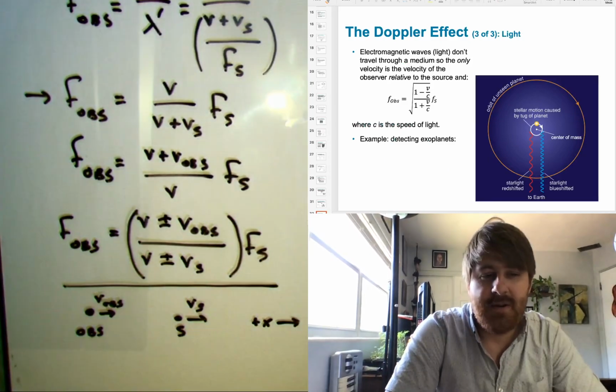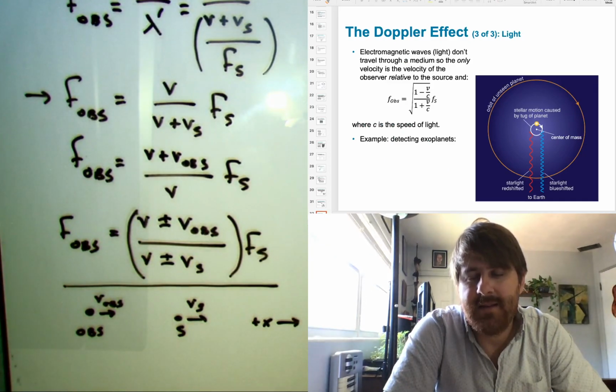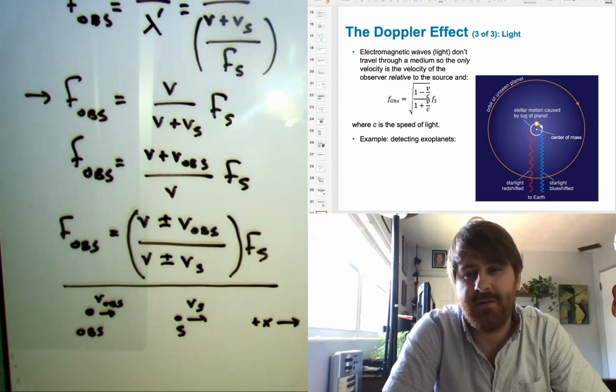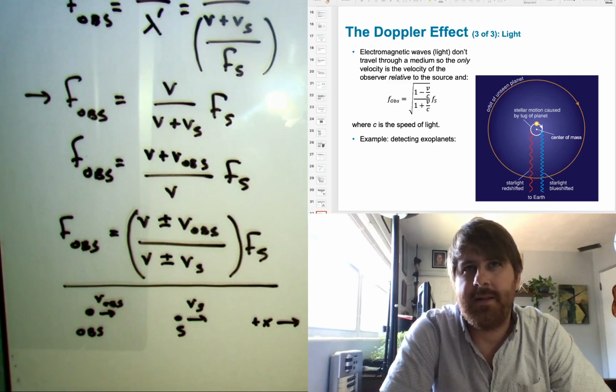We also have the Doppler effect for light, but since light is a very special wave, it doesn't travel through a particular medium. What we'll learn throughout most of this course is that light travels through the electromagnetic field. But the electromagnetic field is sort of a construct that we make up, or you could think of it that way.